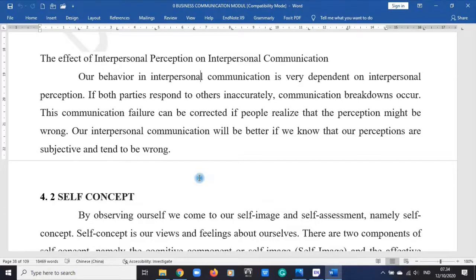We can correct any communication breakdown if we realize that probably we are on the wrong side. So we need to check our mind and then check our side. Usually we are not always correct.